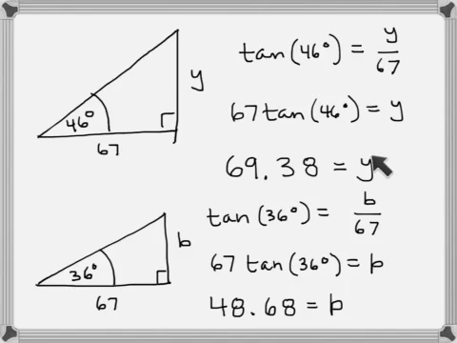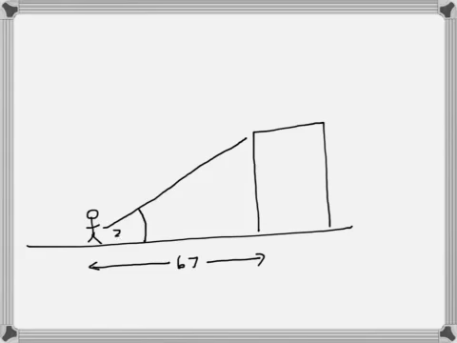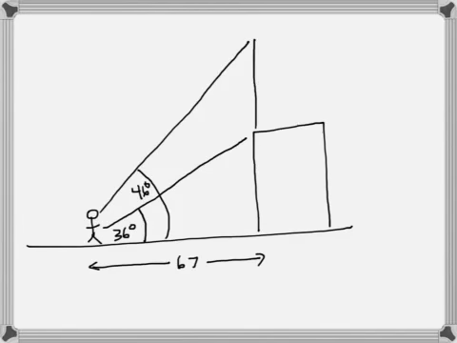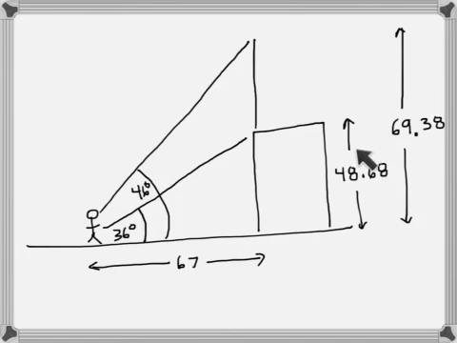So this number right here is the height of the building plus the radio antenna. This is the height of the building alone. So going back to the picture that we had, and labeling what we know, 69.38 was the height of the antenna plus the building itself, and then 48.68 is the height of the building.